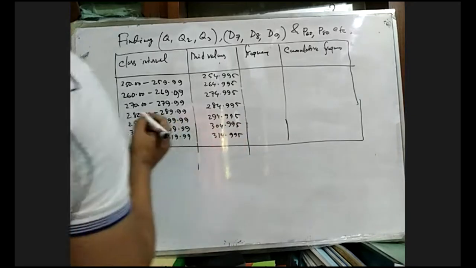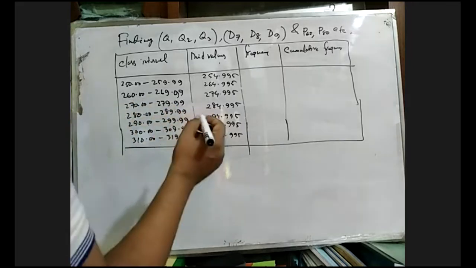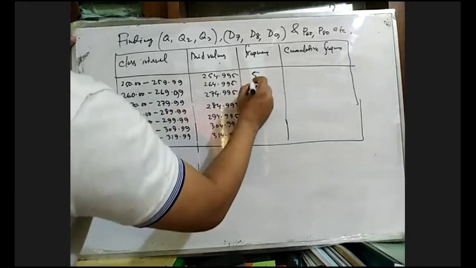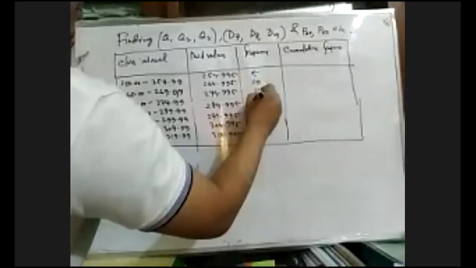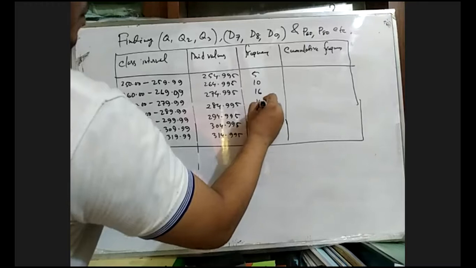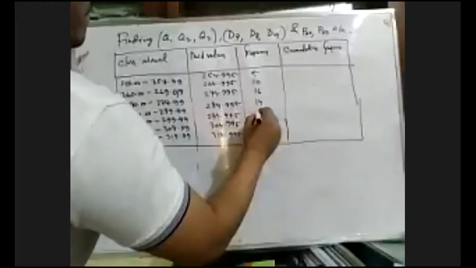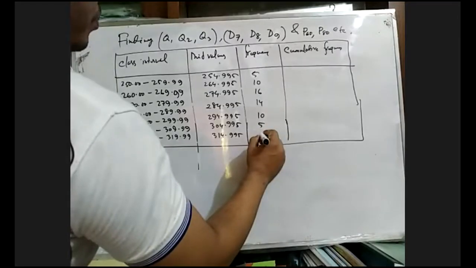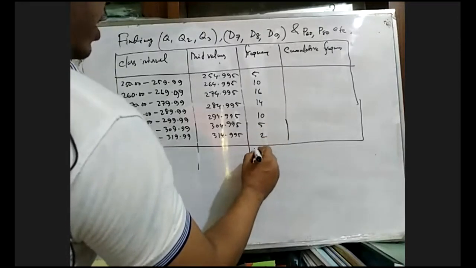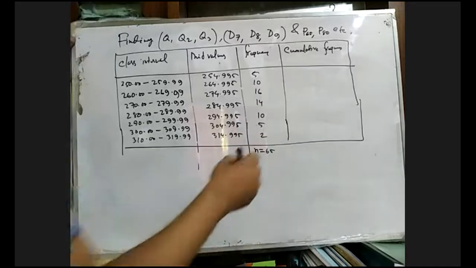The frequencies given are 5, 10, 16, 14, 10, 5, 2. There, n equals 65, the total number of frequencies.